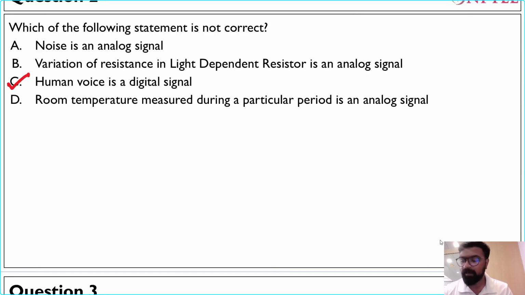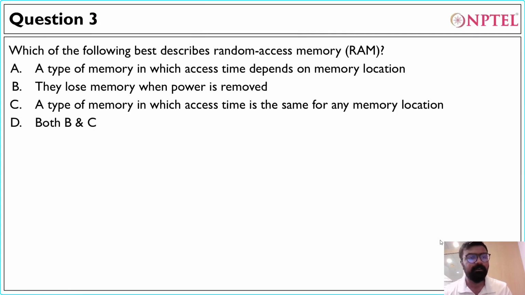So I have taken one more problem here. In this demo, I'll only be discussing three problems. The third one is, which of the following best describes random access memory? RAM is one of the types of memories which is often used in your chips. We call these caches. The first option was a type of memory in which access time depends on memory location.